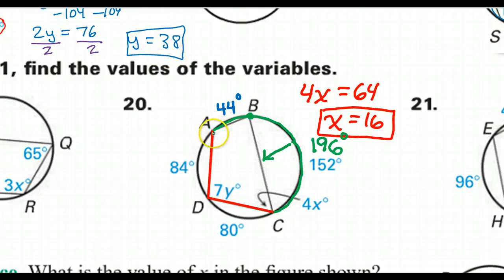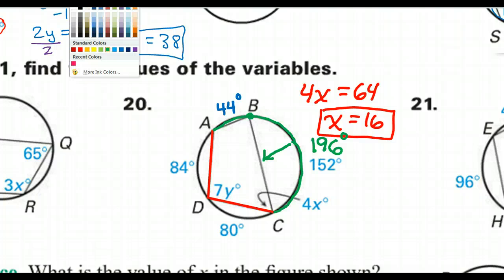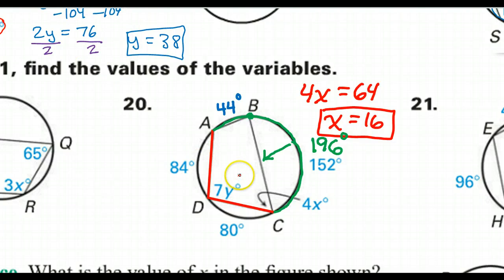That means the angle shown here in red is going to be 98 degrees. So 7y should equal 98, because they are two expressions for the same angle.